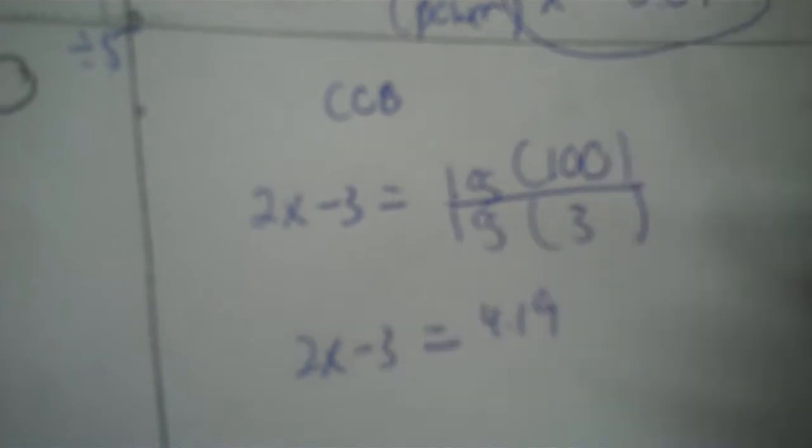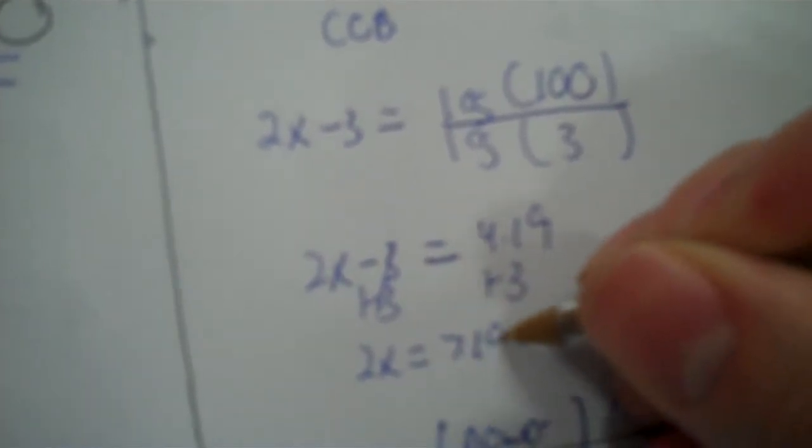Okay, 4.19. And then you need to add the 3 and divide by 2. So that's going to be 7.19. Divide each side by 2. And I get 3.60.